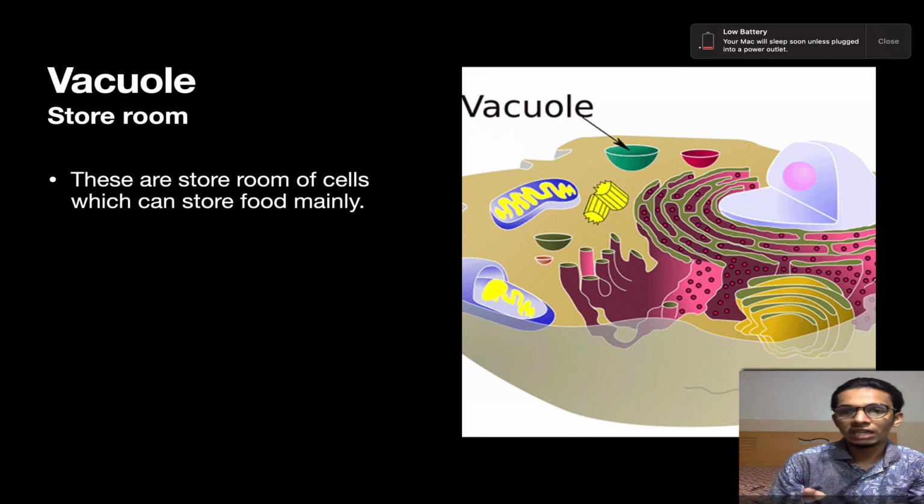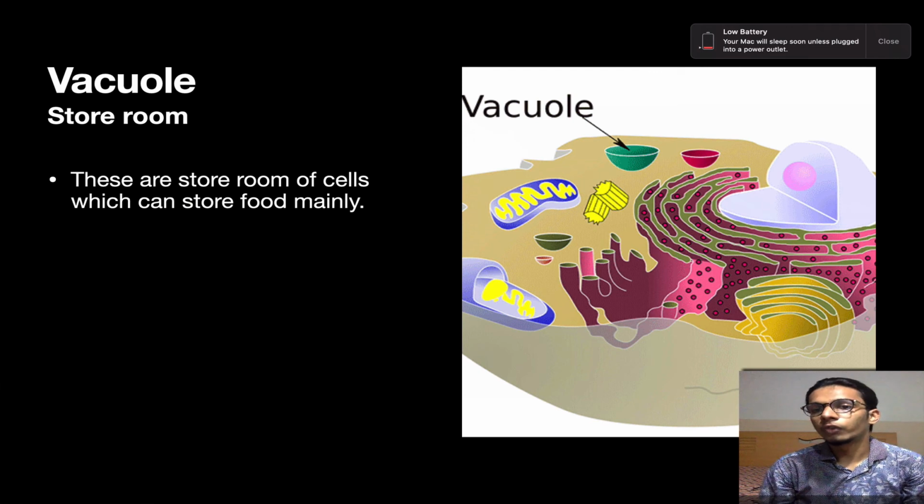Sometimes we have to stay hungry. Ever wondered why we don't die if we don't eat anything the whole day? Because we have food stored in the vacuoles of the cell, and that helps us stay alive if we don't eat.